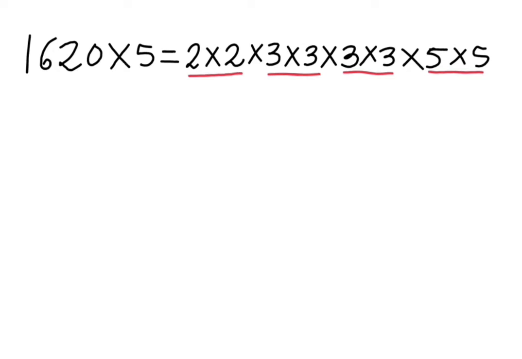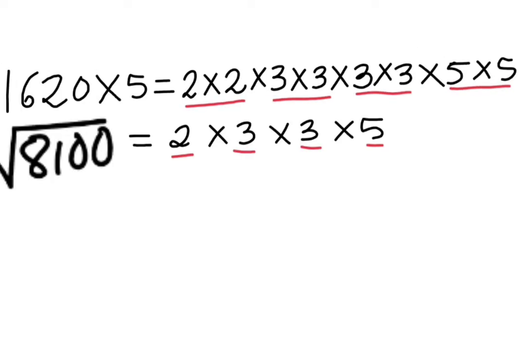We will take one number out of each pair, and we will multiply on the left hand side to find the square root, right? So what will we get next? We will get 8100 on the left hand side, and on the right hand side we have taken out one number from each pair.